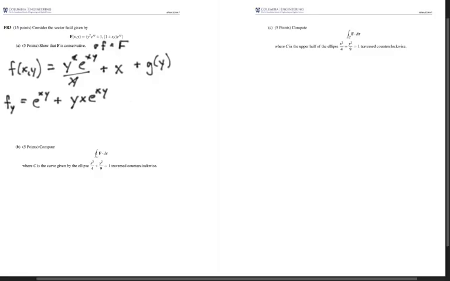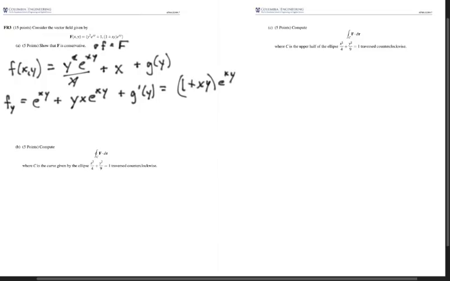And then we bring down an x when we differentiate the exponential term here with respect to y, right? The x comes out via the chain rule. So we have xy e to the xy. The x disappears because it doesn't depend on y, and we just get a g prime of y. G only has one variable, so we differentiate with respect to that. But we want that to be equal to the second component here. So we just put that guy down, right?